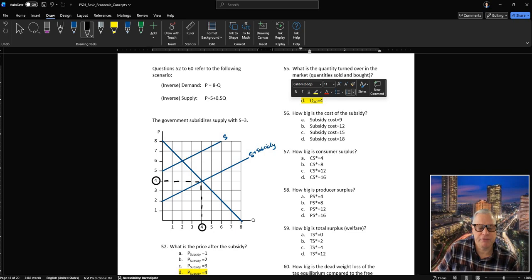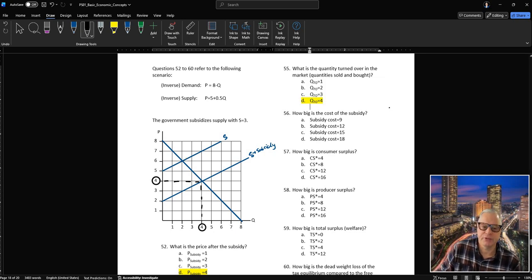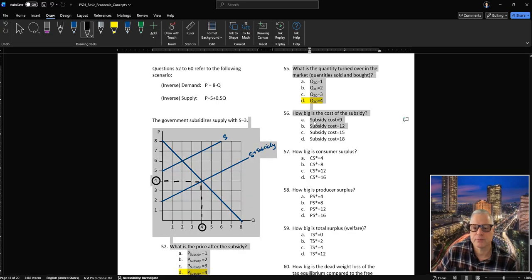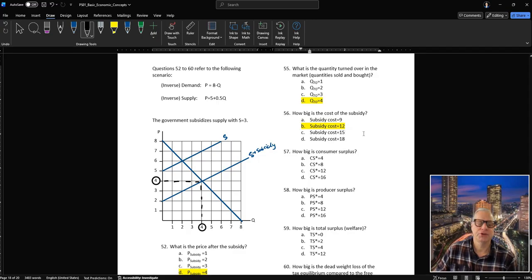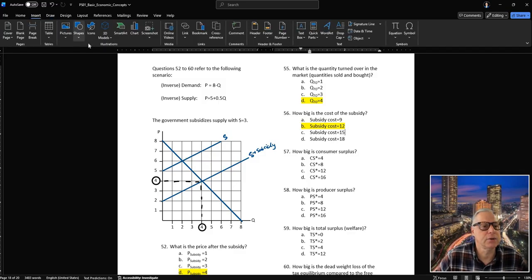How big is the cost of the subsidy? So we have 4 units turned over, and the subsidy per unit is 3. So the total cost of the subsidy is 4 times 3, which is 12. Okay, so how big is consumer surplus? It always becomes a little bit difficult to illustrate, but I'll try to.